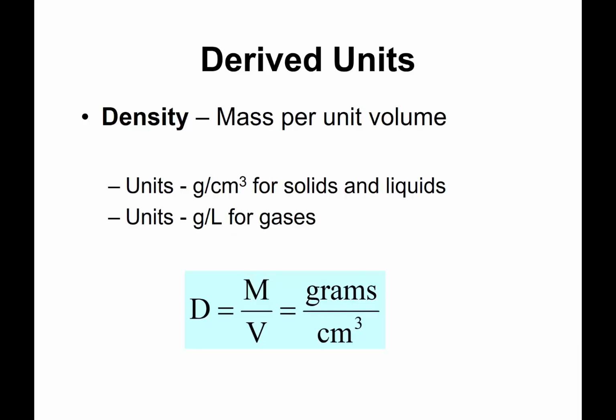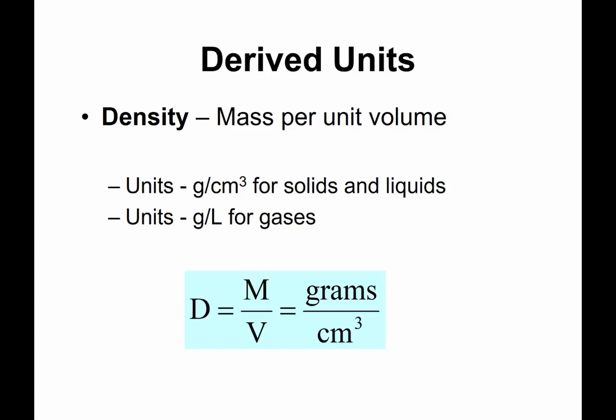Density, that is also a derived unit, and what is good about density is it's an intrinsic property of matter. Okay, matter is everything that stuff is made up of, and chemistry studies matter and the changes that it undergoes. And so if you have a kilogram of water or a milliliter of water or 10,000 gallons of water, the density, the mass to volume ratio, always remains the same.